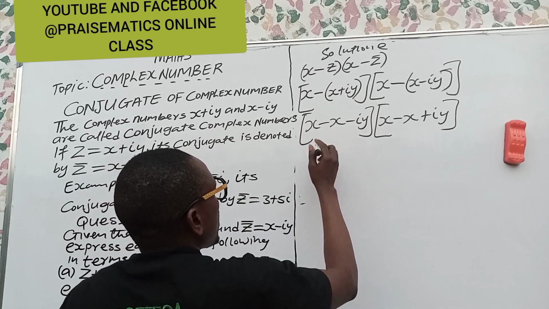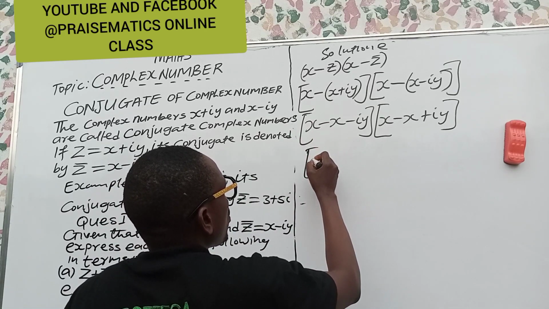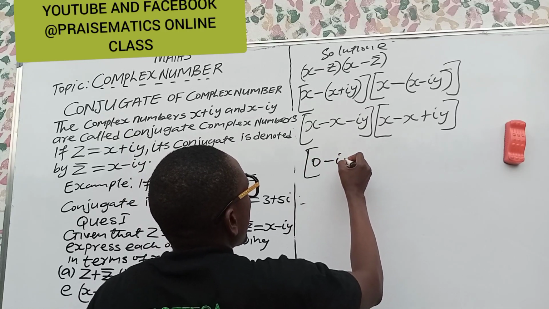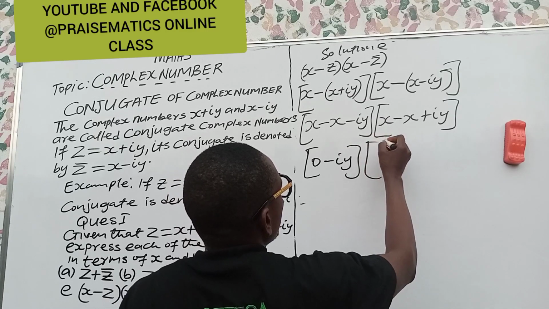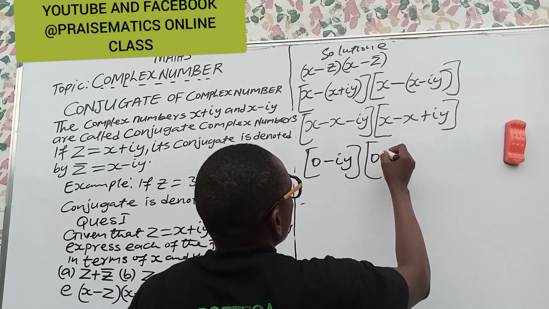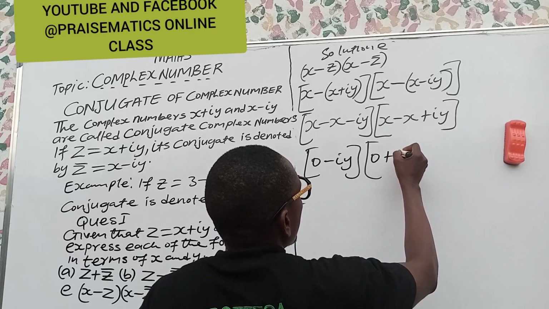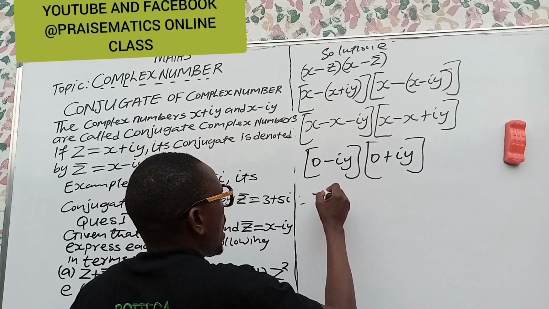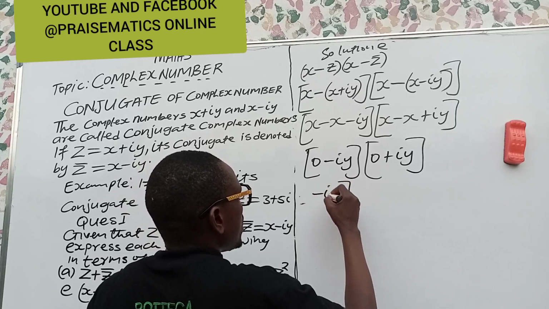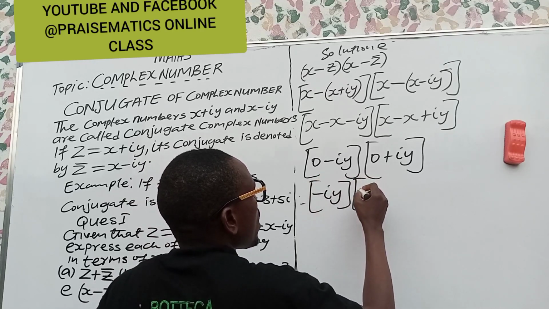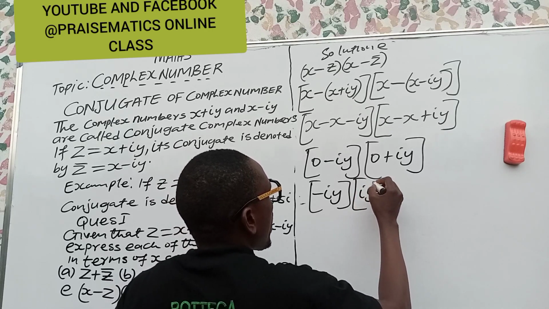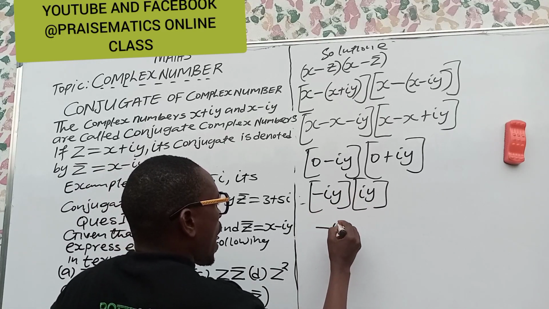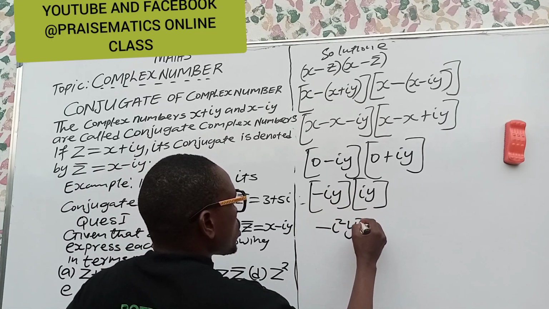What do we do? x minus x will give us 0. So 0 minus iy, close the bracket, into x minus x will still give us 0 plus iy, close it. Now what do we have here? We have iy into iy. Now minus times this will give us minus i squared y squared.